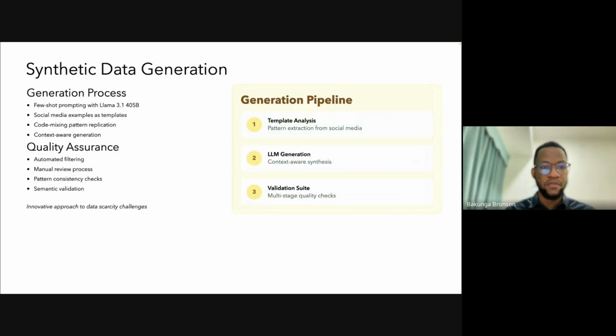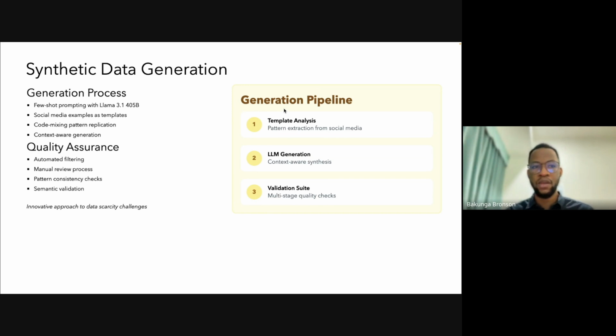I had already mentioned the synthetic data generation, but this explains it in more detail, and how exactly we did it. All the prompts we used to do this will be included, hopefully, in a more detailed paper that should come out very soon, as we put all of this together. There's also a quality assurance mechanism, one being some automated filtering.